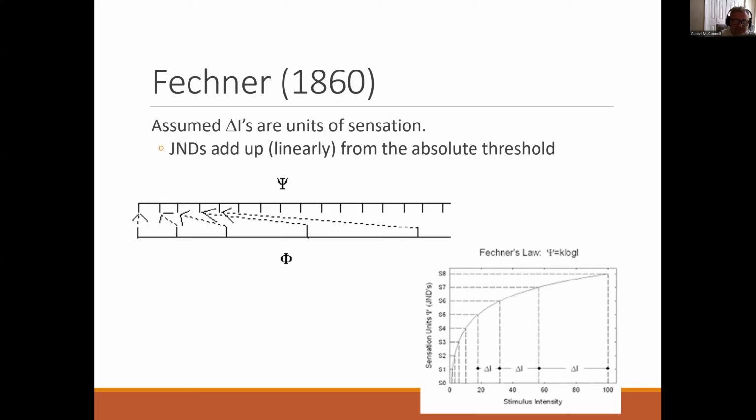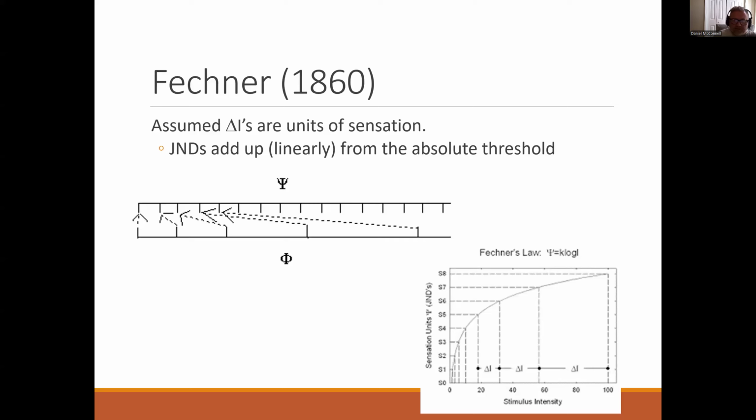And they should say no. Then I'm going to step my way up on an ascending trial to a point where they finally say, yes, I hear something. That jump from 0 to the first detectable stimulus, the absolute threshold, would be my first unit of sensation, right? And that's going to be on this graph here on the bottom of the slide. That's going to take us from S0 to S1, right?